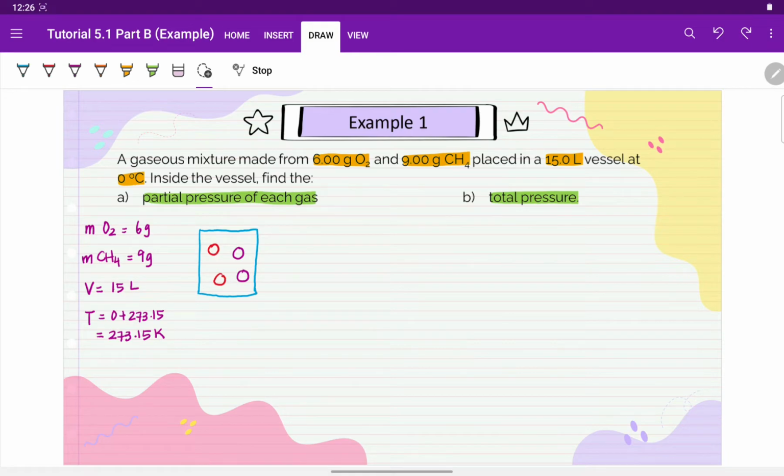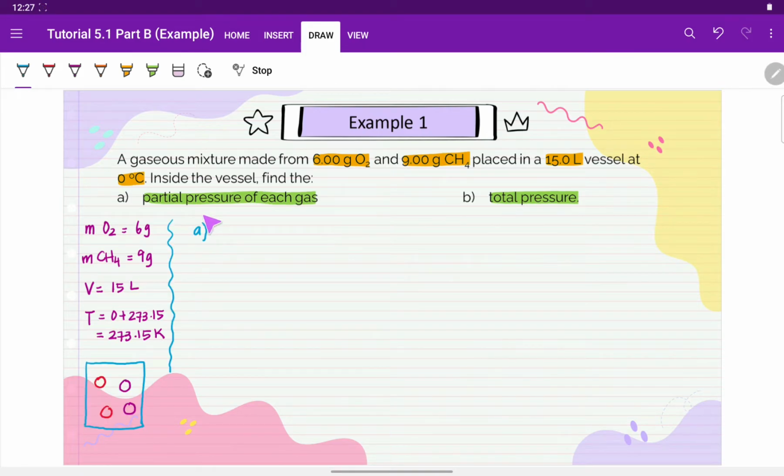Now, to find the partial pressure, we take out our equation. What is the equation we will use? First, think about the equation. We want to find partial pressure. What information do we have? We have volume, we have temperature, and we have mass. We want to find the partial pressure of each gas, oxygen and CH4.